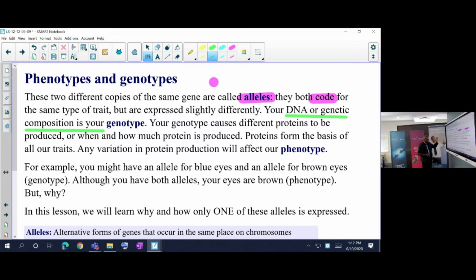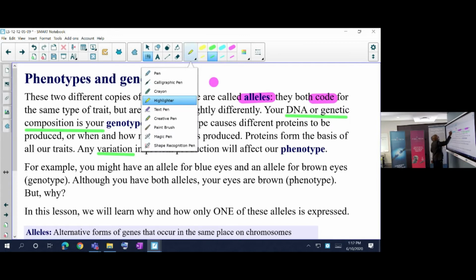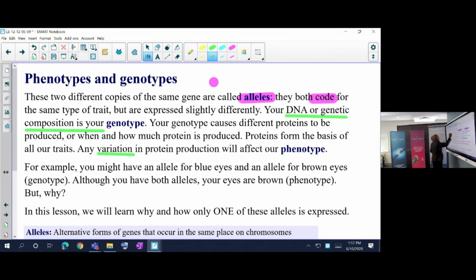Any variation, any change in protein production will affect the phenotype. All right, I'll immediately describe what we mean by phenotype. What do we mean by phenotype, which is determined by the genotype? Are we together, Grade 12?